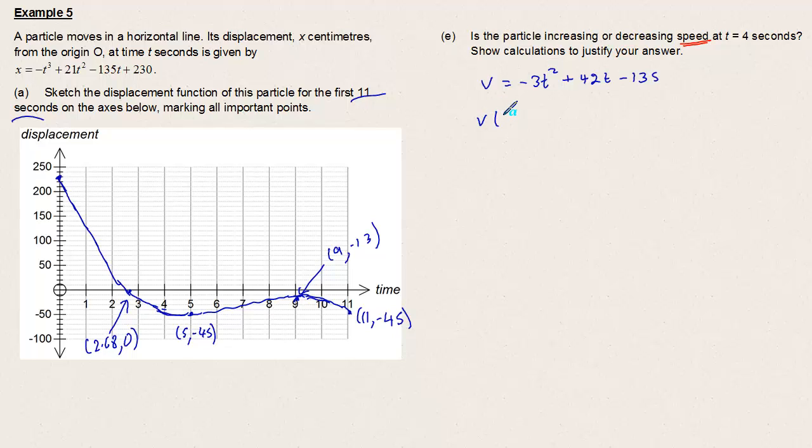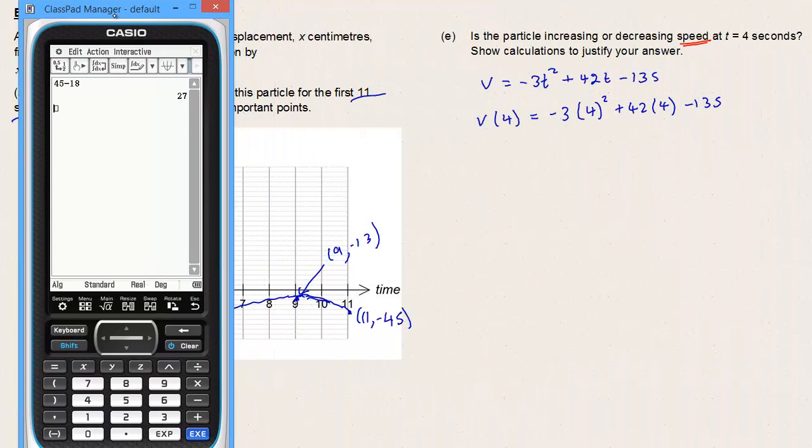And we want v(4), which is -3 times 4² plus 42 times 4, take away 135.